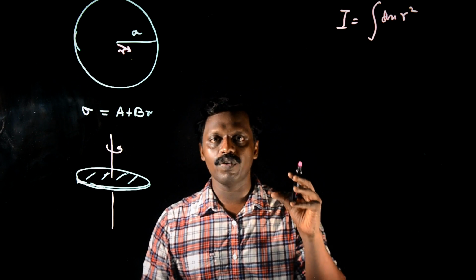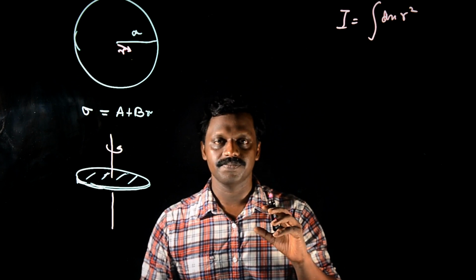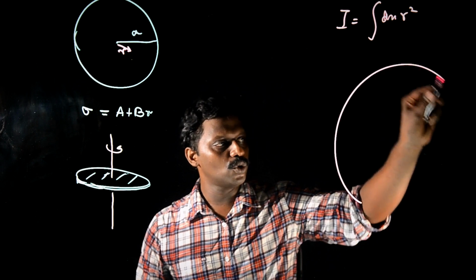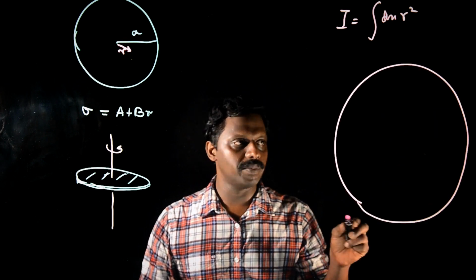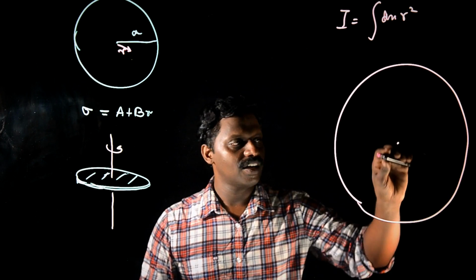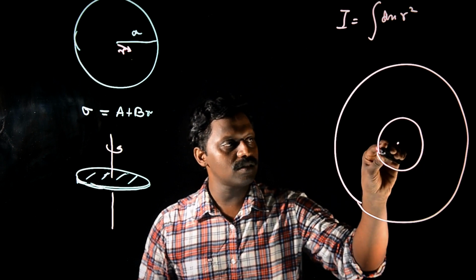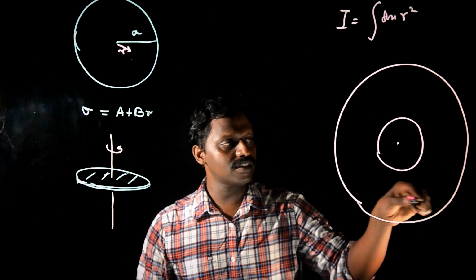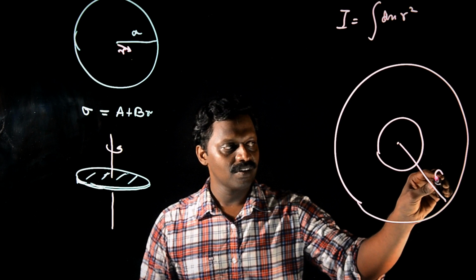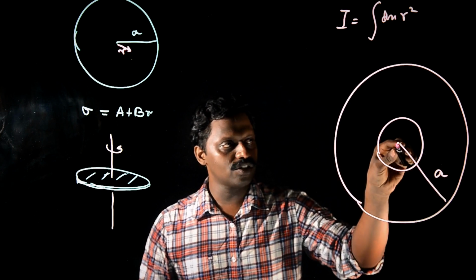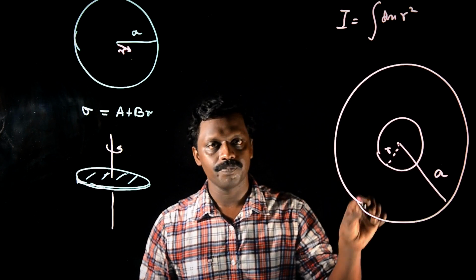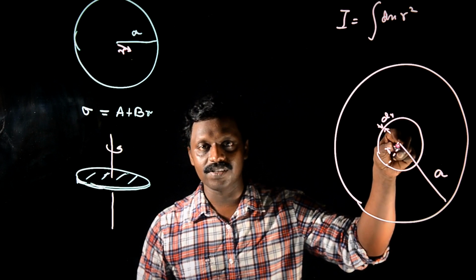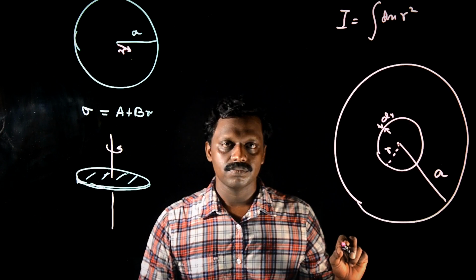Now, how will we consider a strip of mass here? Following the usual rule of symmetry, we will take a circular strip of mass. So this is a disk having radius A. We will take a circular strip of radius R, and the circular strip is having a thickness dr.